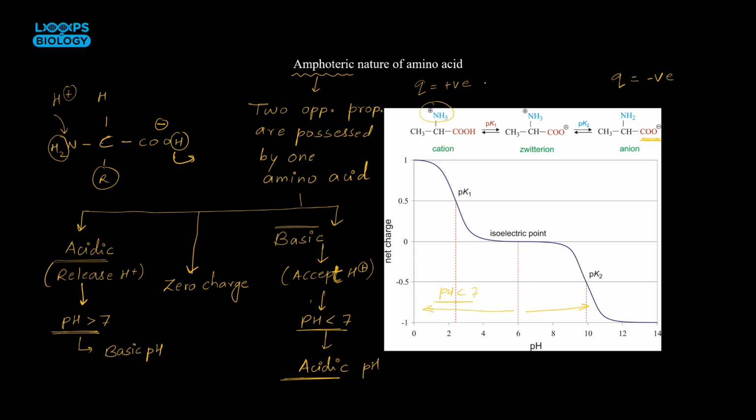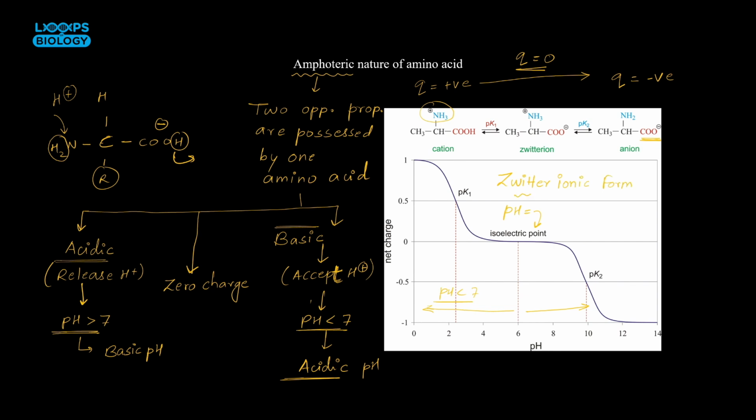While moving from positive to negative charge, there is one state at that pH. At that pH, you are going to see the total charge on amino acid as 0, and that pH is called as isoelectric point. At this point, the amino acid shows Zwitter ionic form.